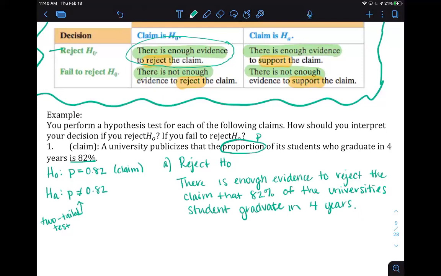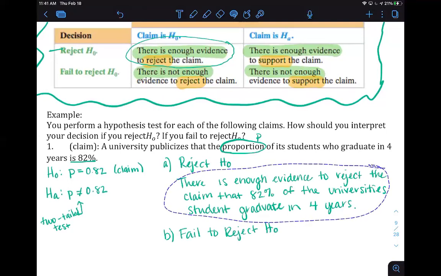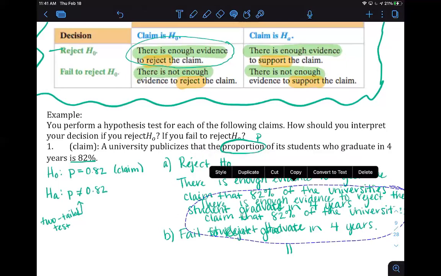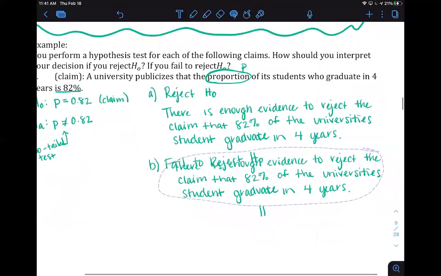Say we fail to reject the null hypothesis. So for part B, what's nice is this basically stays the same. I'm just going to duplicate this.